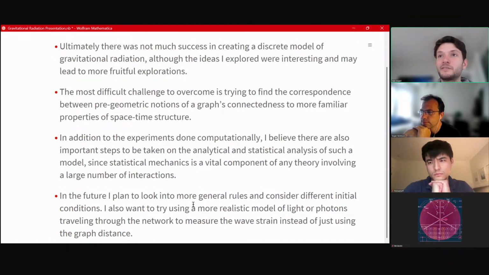But obviously there might be a rule out there that's a little bit better. And I did do some experiments with other rules, but in my final project report, I just wanted to focus on the one that was most promising.